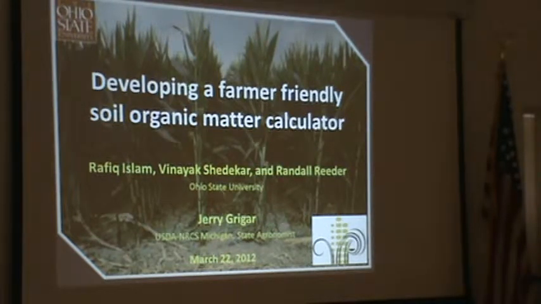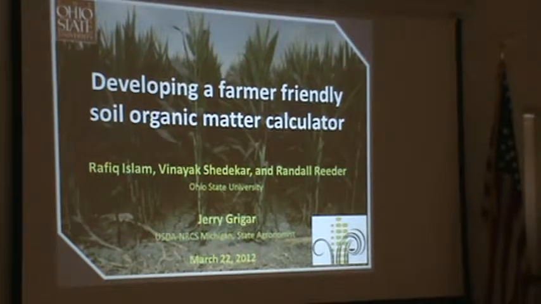They hired a grad student named Vinayak Shetakar, whose Excel spreadsheet skills are much higher than mine. And using Visual Basic, he came up with a farmer-friendly soil organic matter calculator. This calculator has since been delivered to the Michigan corn growers, along with the user's guide.